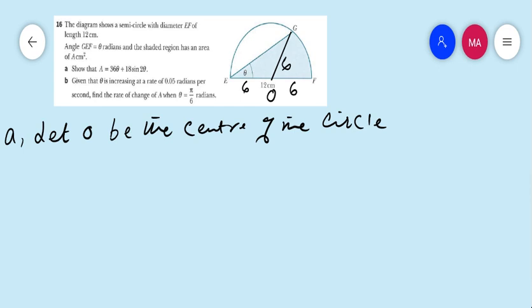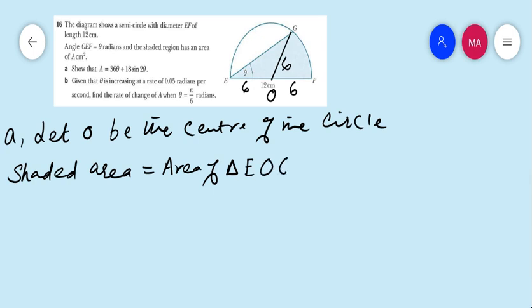Now we have two parts. Shaded area is equal to area of triangle EOG plus area of sector GOF.